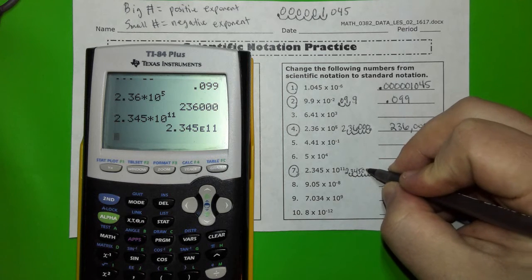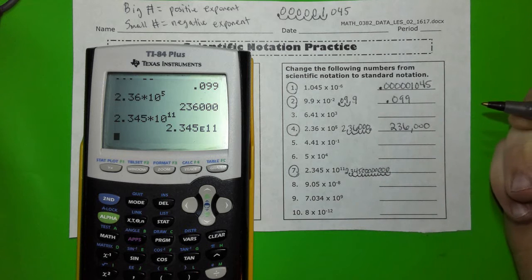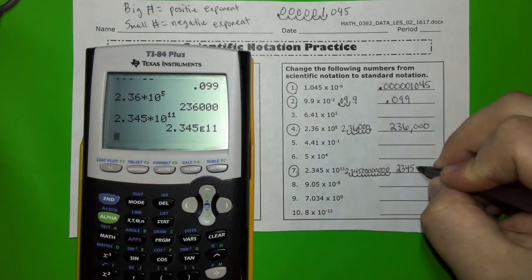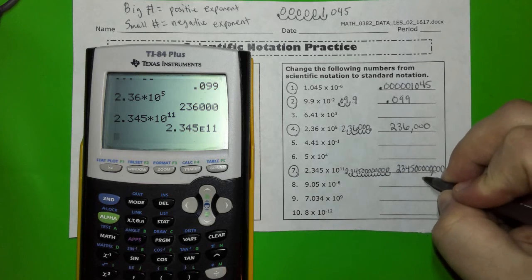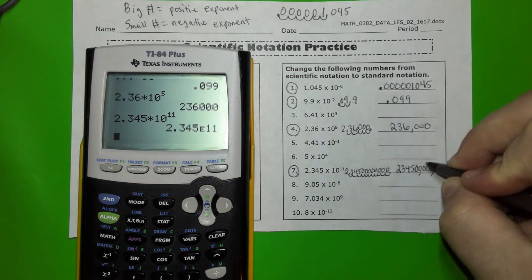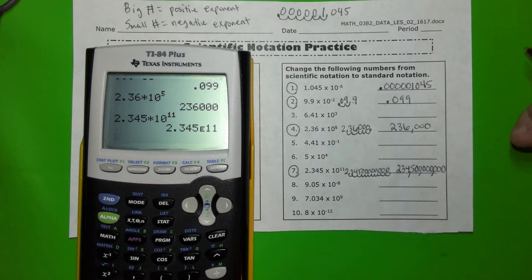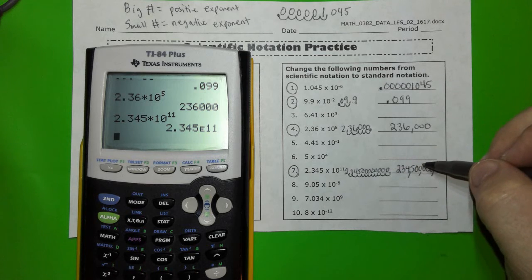Right, so I've got 1, 2, 3, 4, 5, 6, 7, 8 zeros. Okay, so if I write this number here, it's going to be 2, 3, 4, 5, and 8 zeros. 4, 5, 6, 7, 8. And every 3 numbers I will put a comma. Okay, so this would be 234,500,000,000.